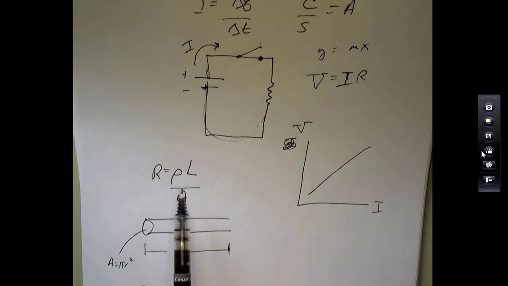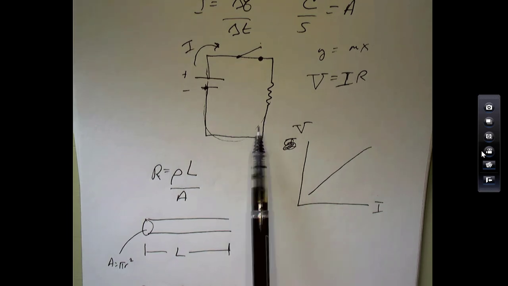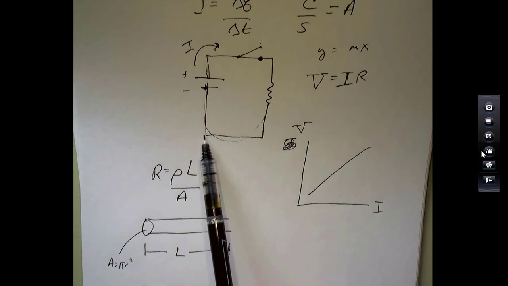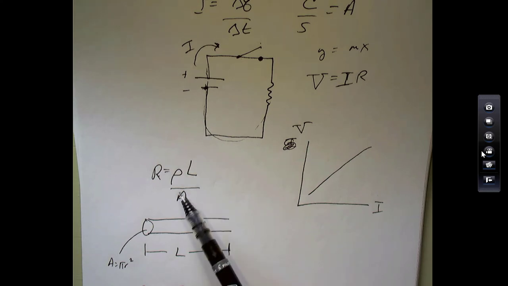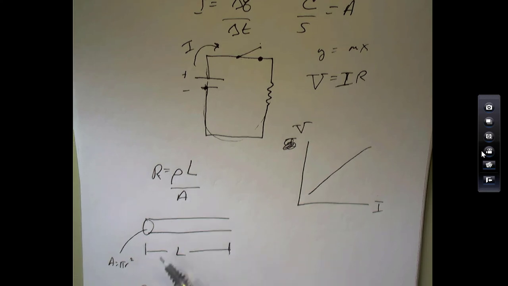Copper versus aluminum versus gold all have a different resistivity. The resistance depends on the length, the cross-sectional area, and what it's made out of. Unless they tell you otherwise, we assume there's no resistance in the wires, or it's really small compared to everything else. But if you want to take it into account, this is the formula that does so.